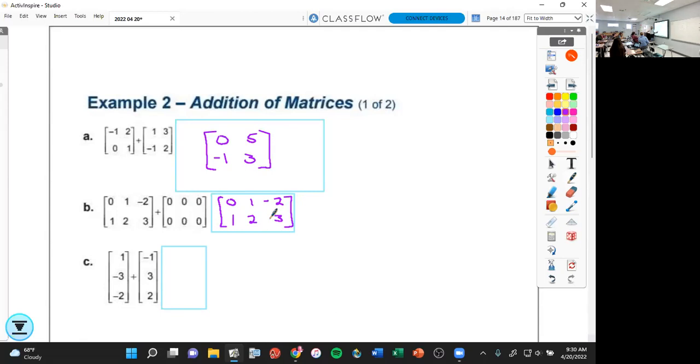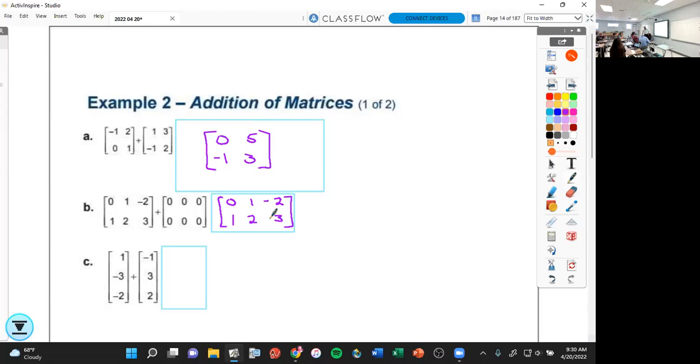What else? It's not empty because there's stuff in it. Identity, right? It's identity. What do you add to yourself to get yourself? You add nothing to yourself to have your own identity, right? What do you add to 6 to get a 6? You add 0. So 0 is the additive identity. This is the additive identity in matrix form.